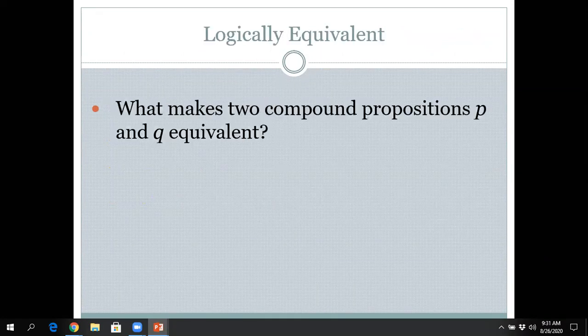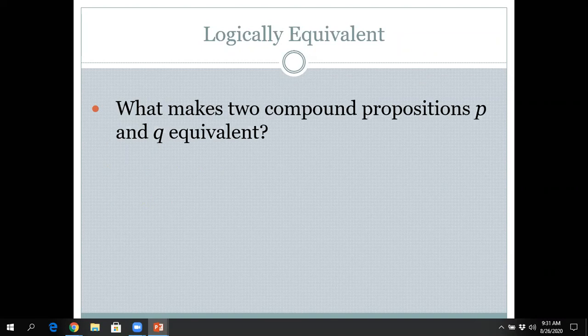Okay, so let's talk about logical equivalence. What makes two compound propositions P and Q equivalent? I'm talking about the baseline symbolic level, not necessarily intuition: how can we tell if two propositions are equivalent?